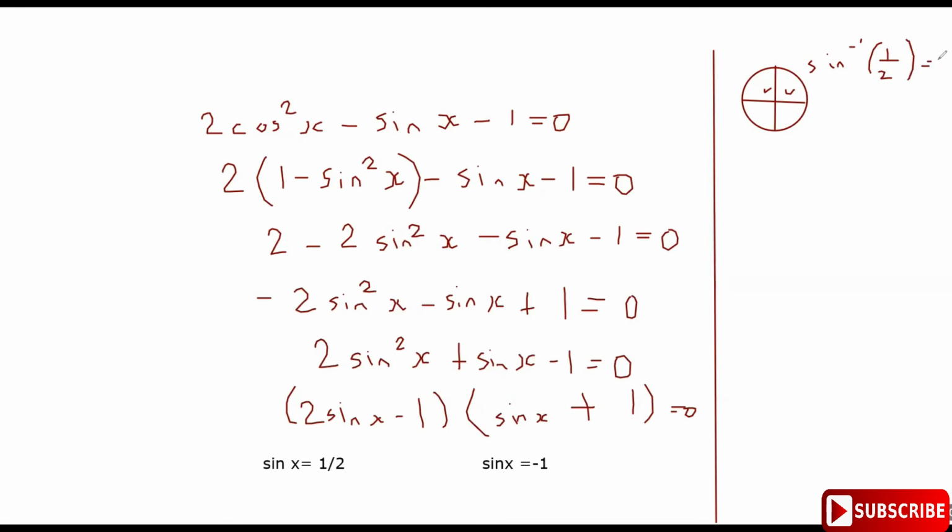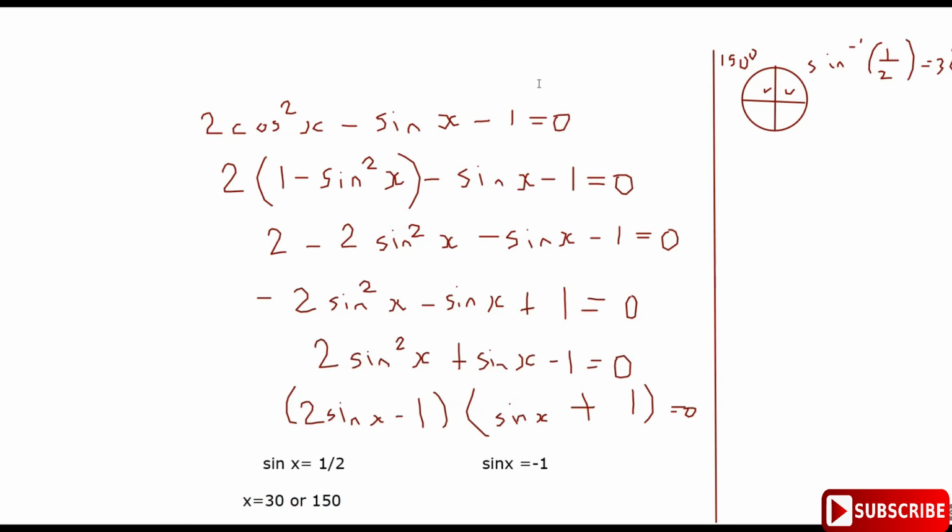Since sine is positive in the first two quadrants, 180 minus 30 is 150. So the answers for x are x equals 30 degrees or x equals 150 degrees. Easy.